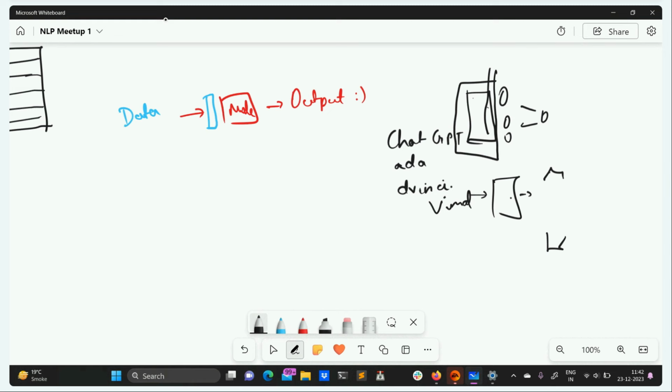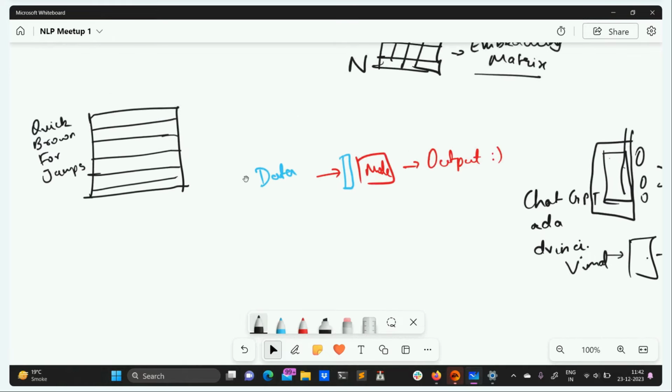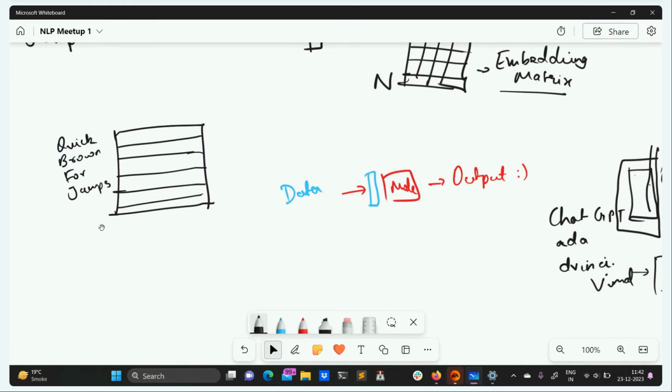Now, one question that might appear here is that I trained on a limited corpus, so there might be a word that might be skipped and it is not present in the embedding. In that case, what would happen? Usually when we do these kinds of tasks, we mention a special token, which is called the OOV token, or out of vocabulary.